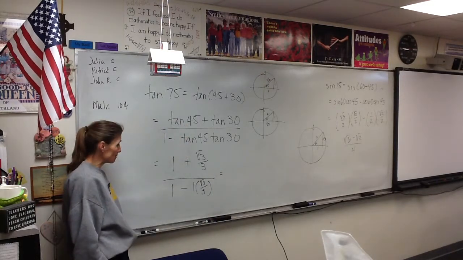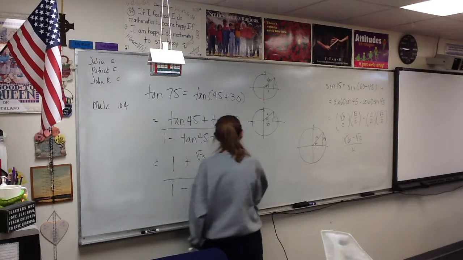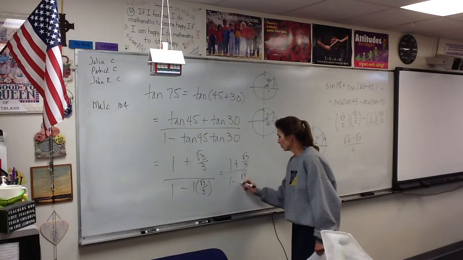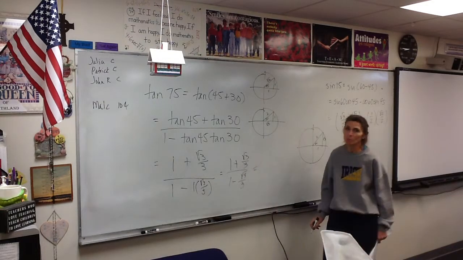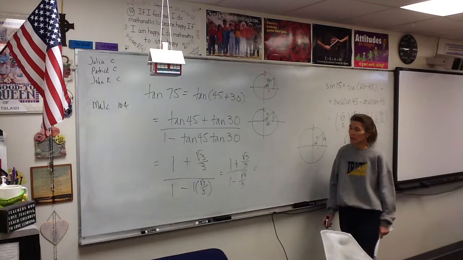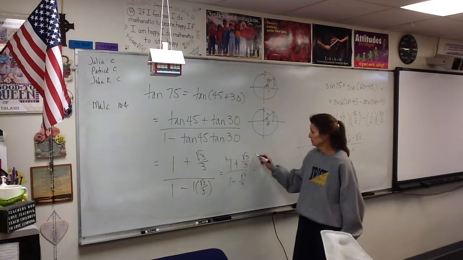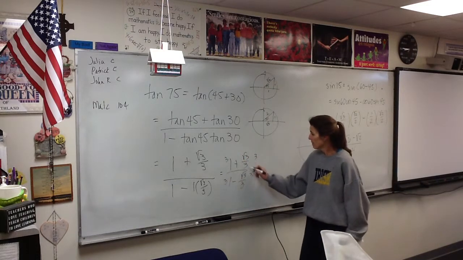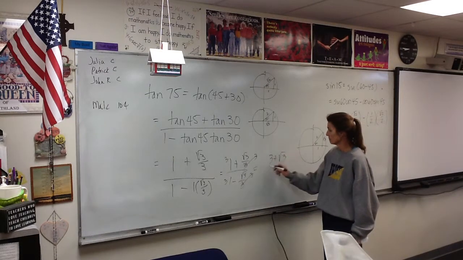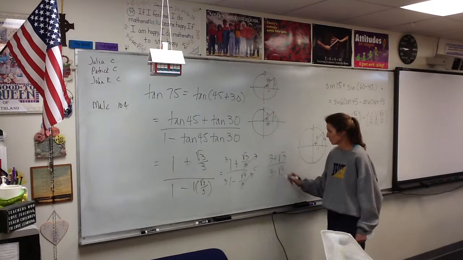So plugging that into my formula, I have 1 plus root 3 over 3 over 1 minus root 3 over 3. Kids, you cannot cancel. Please don't. Instead, let's multiply everything by 3. That will clear these fractions out, and we'll have 3 plus root 3 over 3 minus root 3.